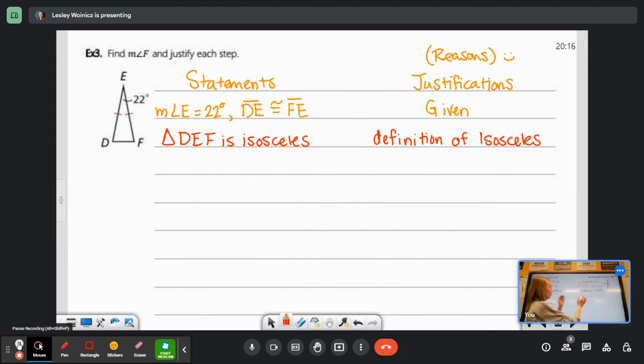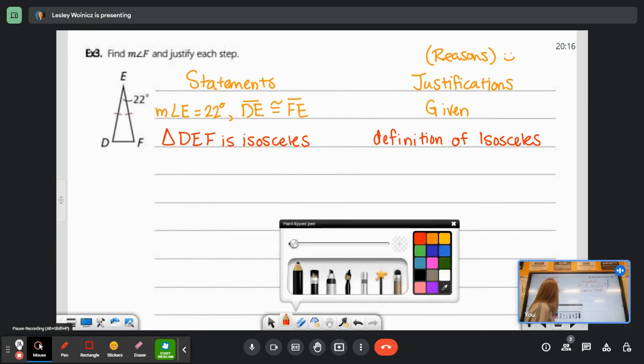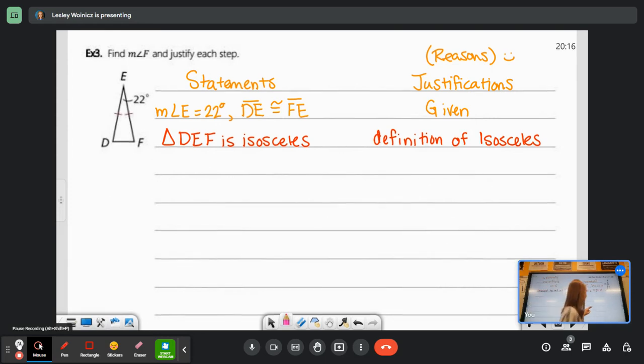Next. Because it's isosceles, we can start drawing some conclusions about those opposite angles, the angles opposite to the legs. Opposite of that leg is angle F, and opposite this leg is angle D. I know that they have to be congruent because DEF is isosceles.